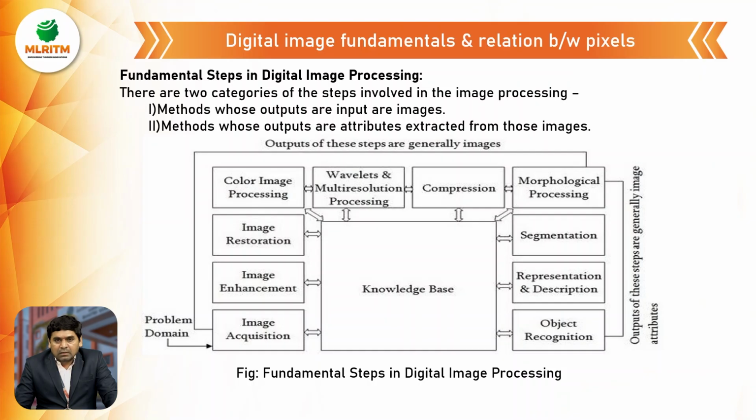These are the key points I discussed individually, and I will elaborate them in the next videos, because they are important from the subject point of view in the knowledge base of image processing.